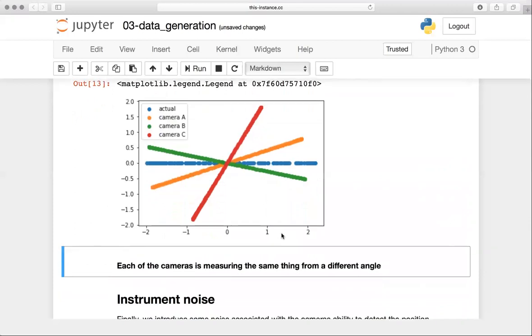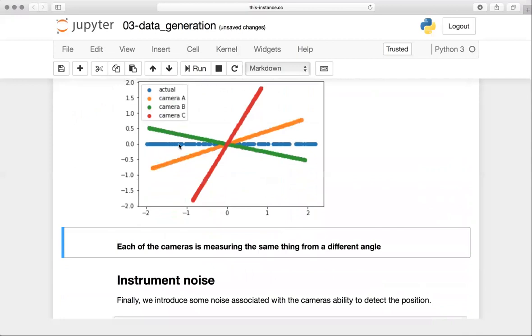But it's important to remember that they're all measuring the same thing. They're just measuring it from their perspective, and each of them has a different perspective. So the actual thing they're measuring is the blue, but this is what they think it looks like. The red is what camera C thinks it looks like. The green is what camera B thinks it looks like, and the orange is what camera A thinks it looks like.